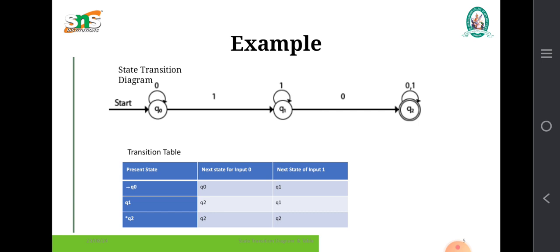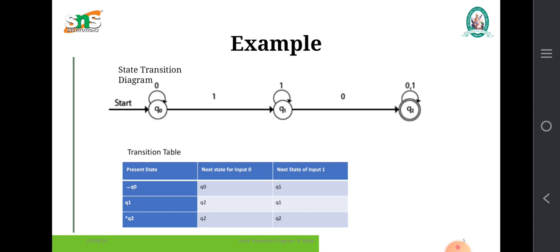Here we have three states, Q0, Q1 and Q2, where Q0 is the start state, that is the initial state, and Q2 is the final state. We have used two symbols in our alphabet, 0 and 1. So by getting 0 or 1, what happens to the states?